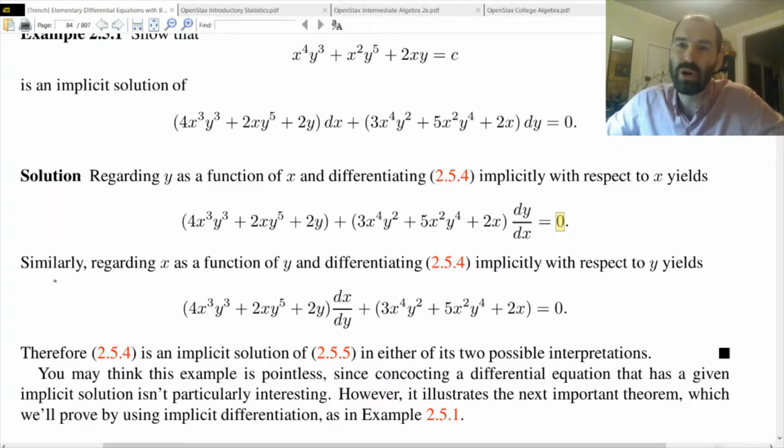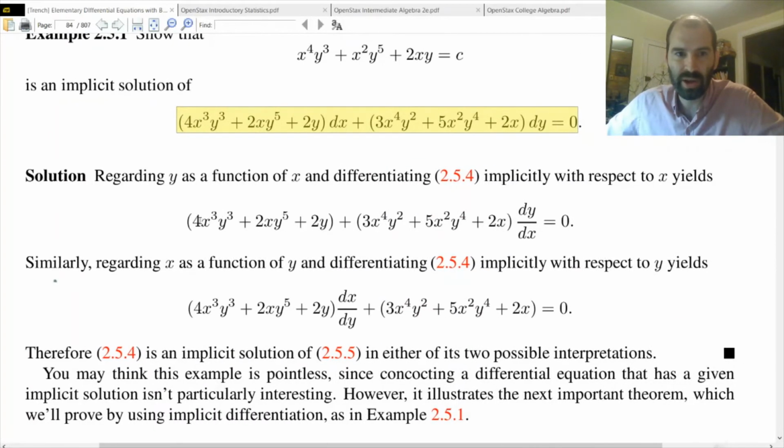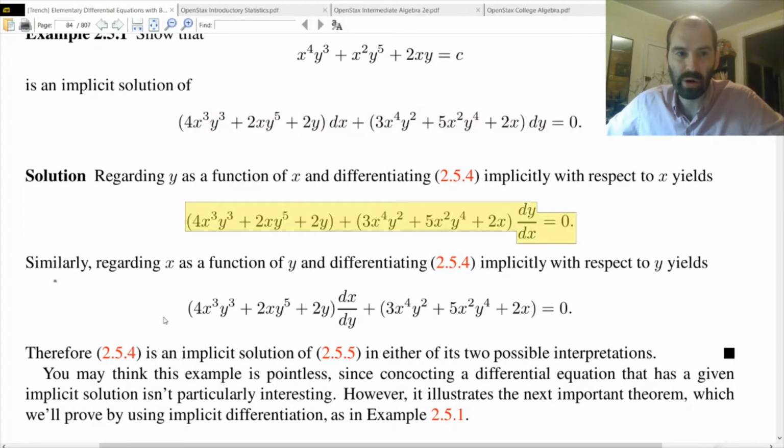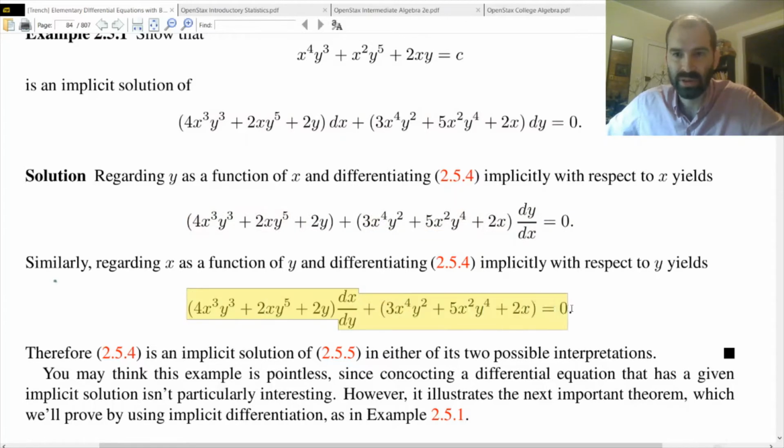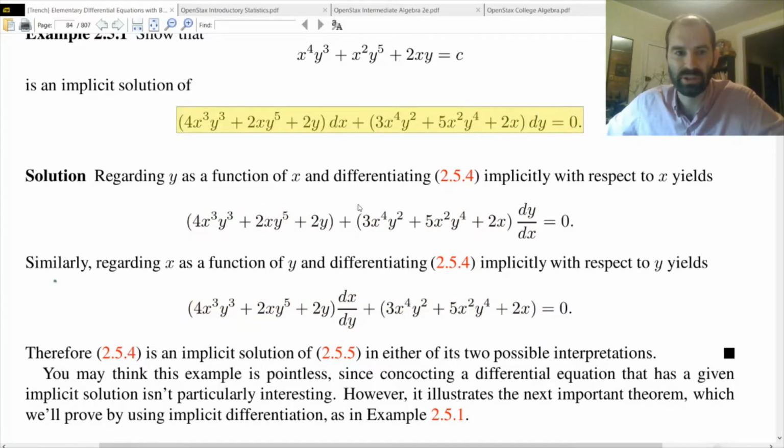You could have also thought of x as a function of y and implicitly differentiated that way, and you would have gotten, again, something of the form that we're talking about. Both of these are equivalent to, as we said before, this differential equation. And so that proves that doing it either this way or this way, you don't have to do it both ways, either one proves that that is a solution to this differential equation.